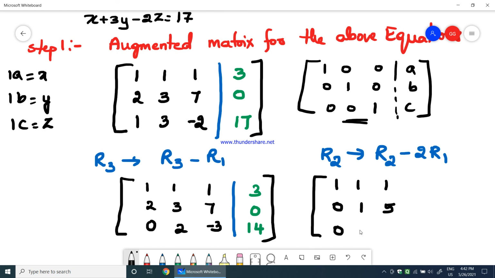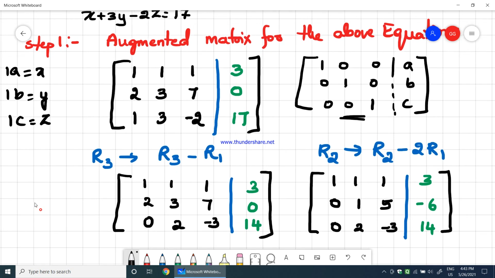I'll write 0, 2, minus 3 as it is. Coming to the right hand side, 3 will be as it is, 0 minus 3 into 2 is minus 6, and this is 14. This is the second reduced matrix which we have got.